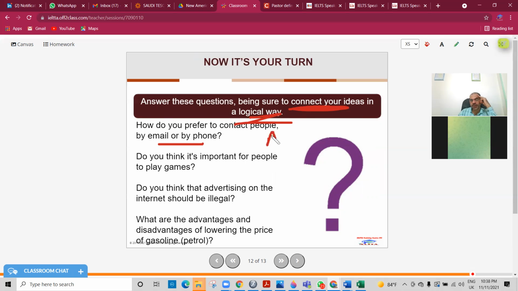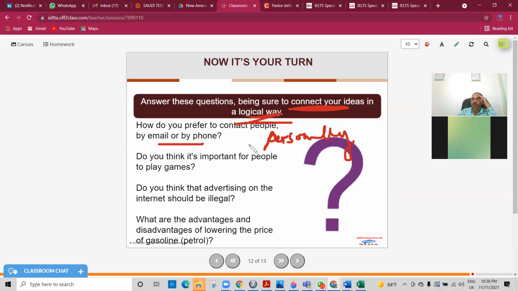You can say, personally, I would prefer to use my phone to connect with people. Using the phone is very convenient because I can interact directly with the person I'm talking to.